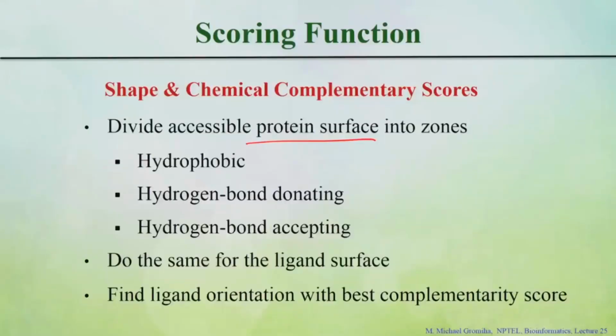Likewise for hydrogen bonds: how many donors on the protein side and how many acceptors on the ligand side, and the other way around, how many acceptors on the protein side and how many donors on the ligand side.